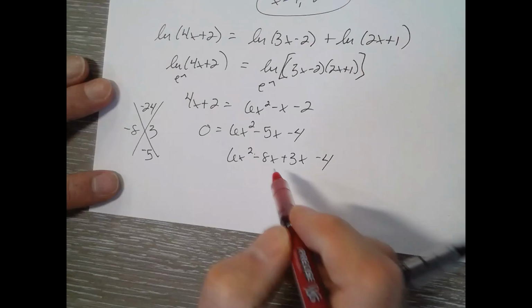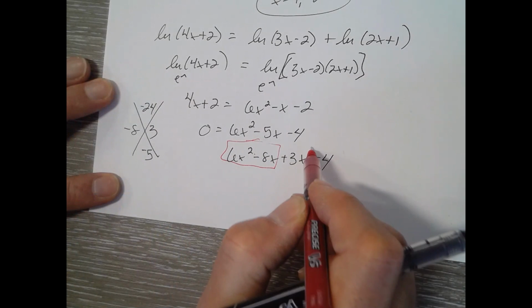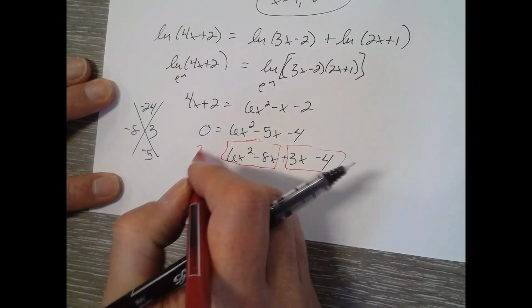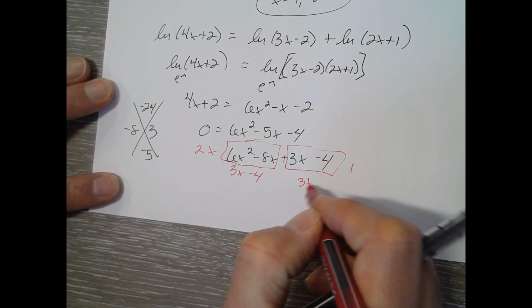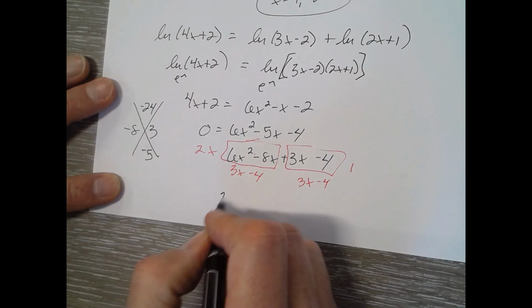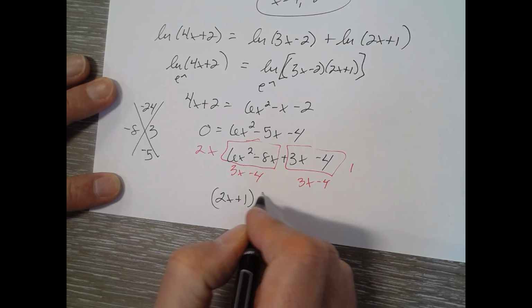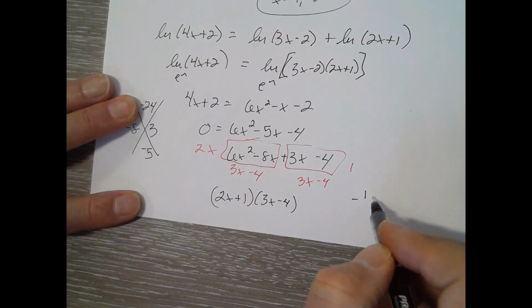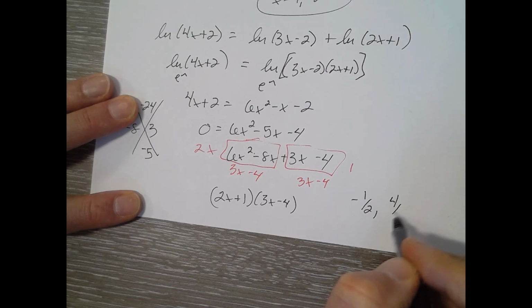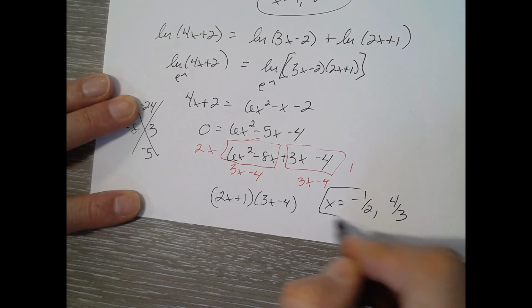And then like a double box problem: 2x, 3x minus 4, and 1 times 3x minus 4. So it's 2x plus 1 times 3x minus 4 equals 0. So we get -1/2 and positive 4/3. Those are my two solutions.